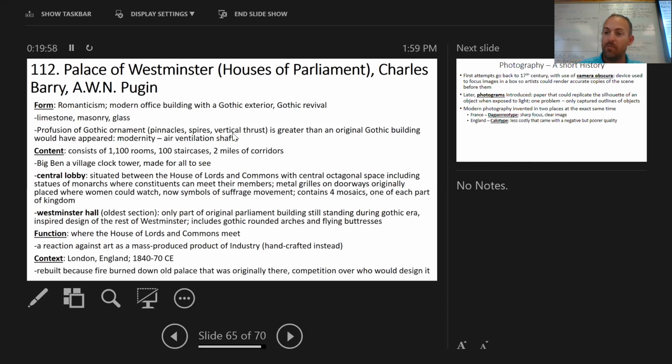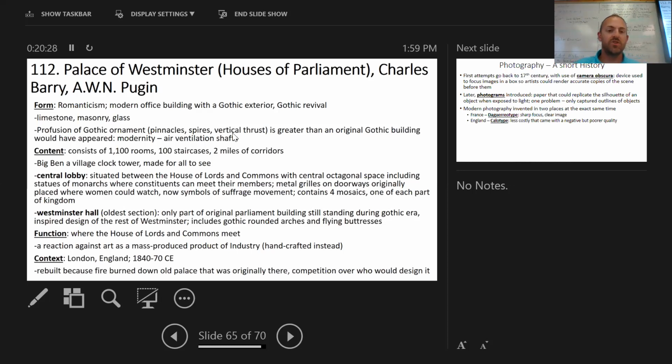They have a lot of modern advances in this piece, like an air ventilation shaft, for example. So they added a modern twist to it, and everything is to make it look Gothic. It's almost like they put so much Gothic ornament into this, it's even more Gothic than an original Gothic building would have been.